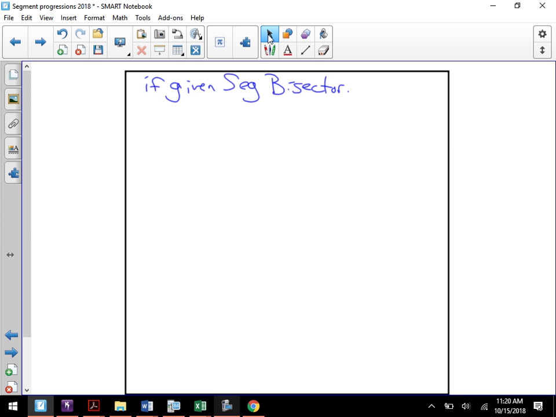What do you think a segment bisector does? Don't say bisects a segment. Are the parts equal or are they not equal? Which is it? Now they're equal. Remember, a bisector cuts something into two equal spots.